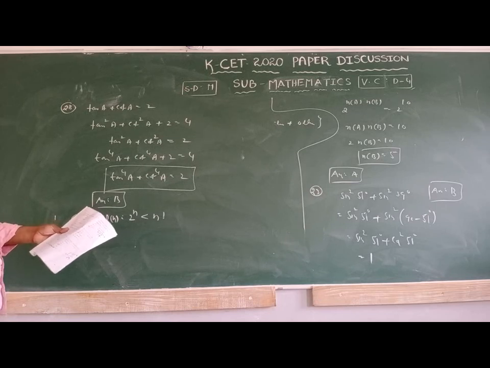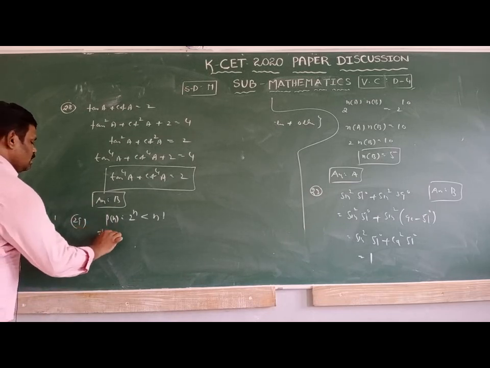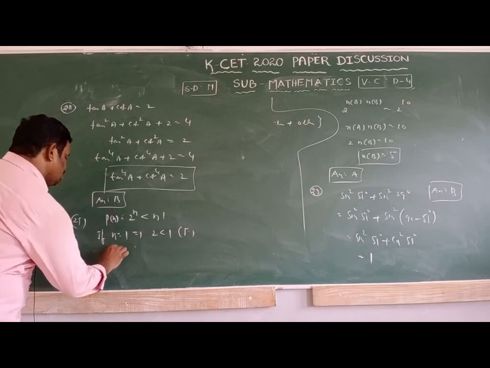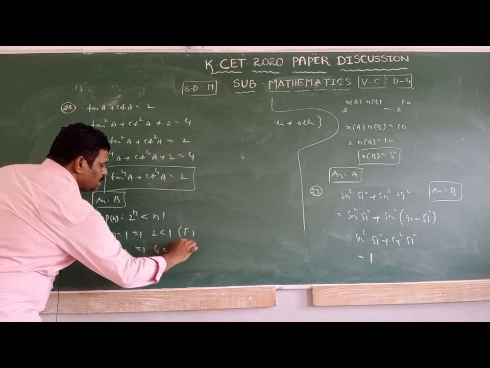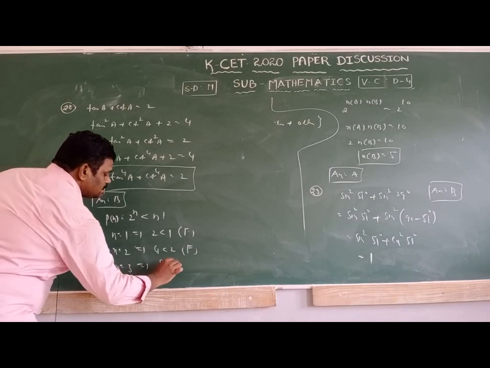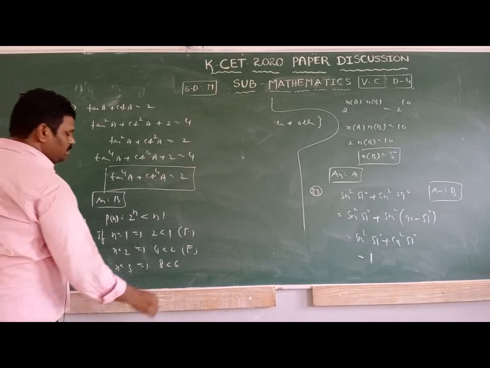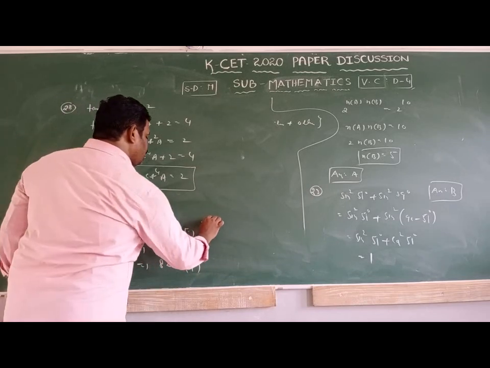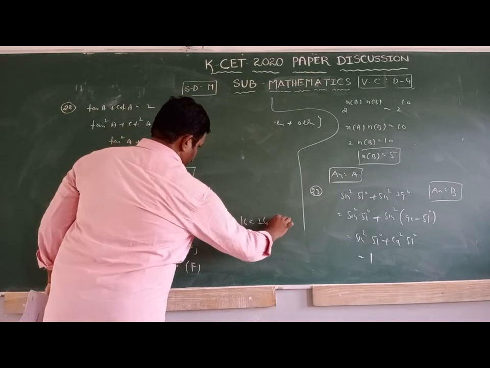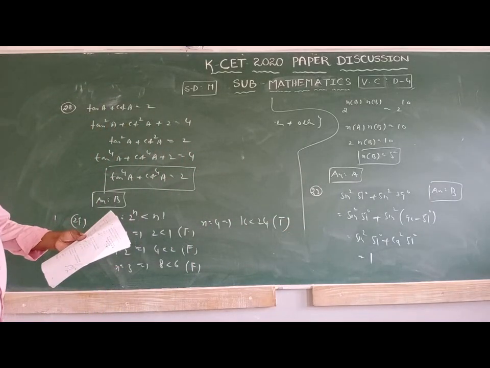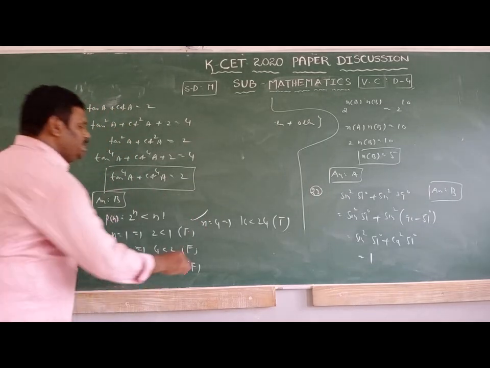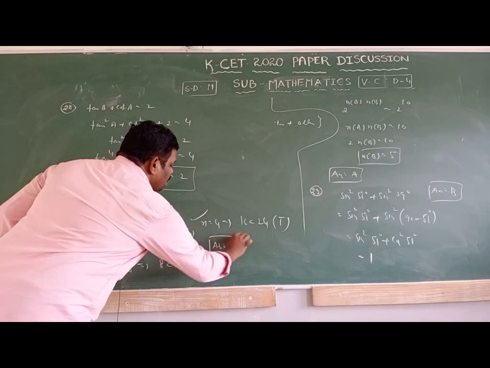If n is equal to 1, 2 is less than 1, a false statement. n is equal to 2, 4 is less than 2, also false. n is equal to 3, 8 is less than 6, where 3 factorial means 6, also false. n is equal to 4, 2 power 4 is 16, less than 24, a true statement. So this is the smallest positive integer, option D.